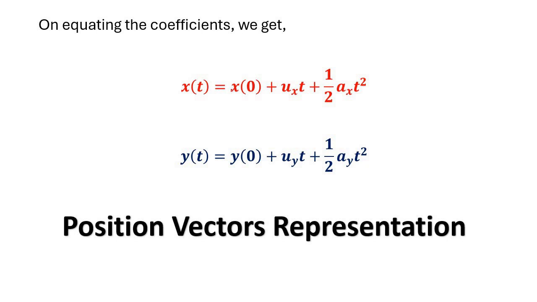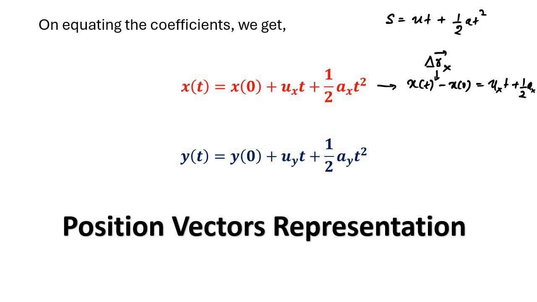Okay, so if you see, in essence it is the same thing. That is, for the second equation of motion, s is equal to ut plus half at square, because here this xt minus x0, which is the net displacement, or the change in position across the x-axis, that is equal to uxt plus 1 half axt square.